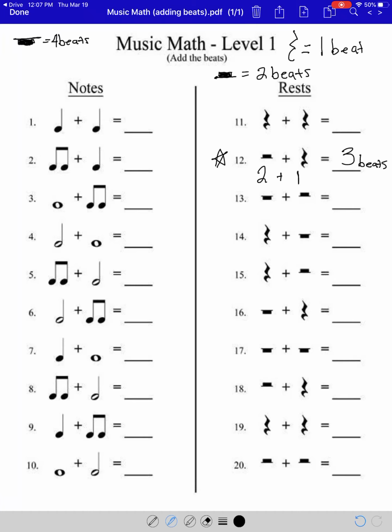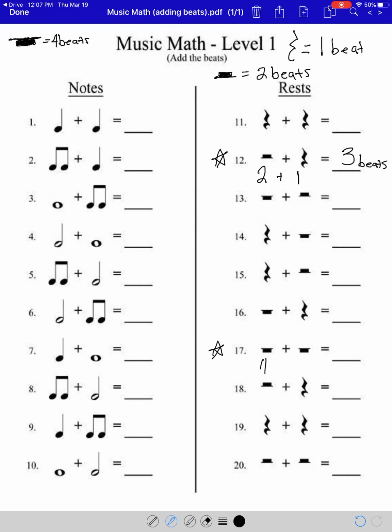So let's look down here. This is a good one, number 17. What I notice here is that I'm adding the same thing together, and that both of these have the box on the bottom, so these are whole rests. And again, if I reference the horrible drawings that I did for you up at the top of the page, if the box is on the bottom, I think I'm just making it worse, it gets 4 beats.